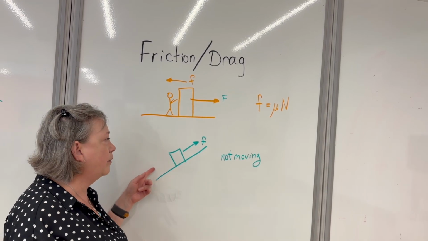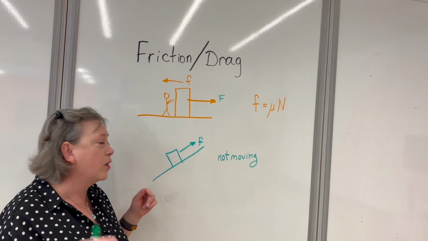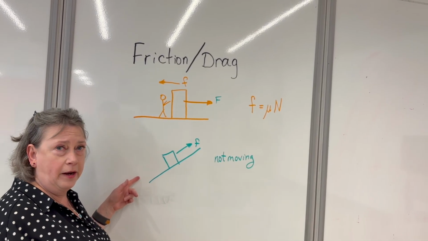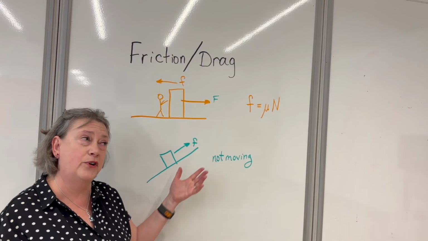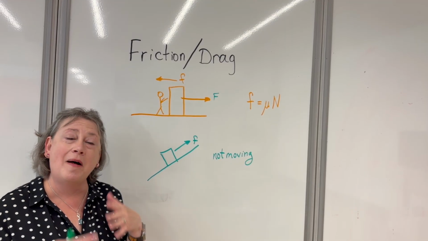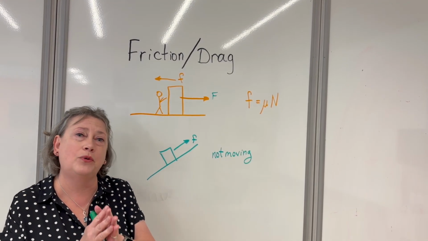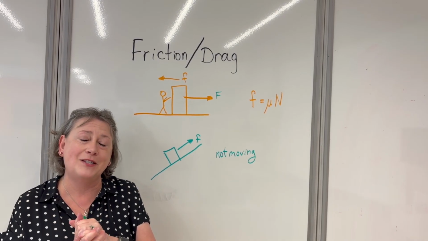It's going to go down the ramp, right? So that's what we mean when we say pending motion. If it were to move, it would move down the ramp. So friction acts up the ramp. In fact, friction's what's keeping it on the ramp in the first place. So that's an introduction to the forces that we will be using in this unit.